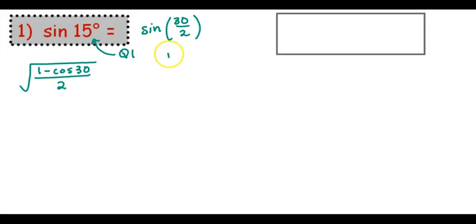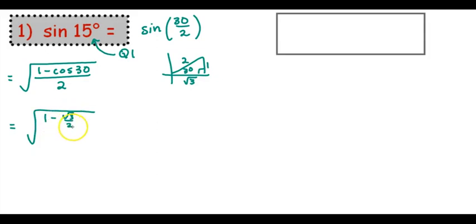Now let's use a reference triangle to find the cosine of 30. We'll have a 1 on the opposite, a square root 3 on the adjacent, and a 2 on the hypotenuse. So the cosine of 30 is square root 3 over 2. So now we have the square root of 1 minus square root 3 over 2, all over 2. Wow.